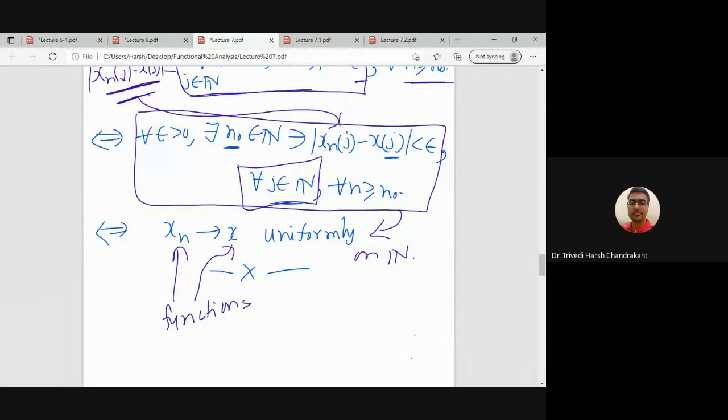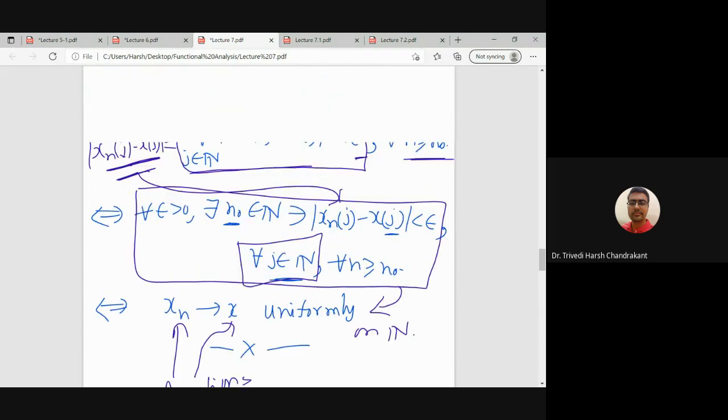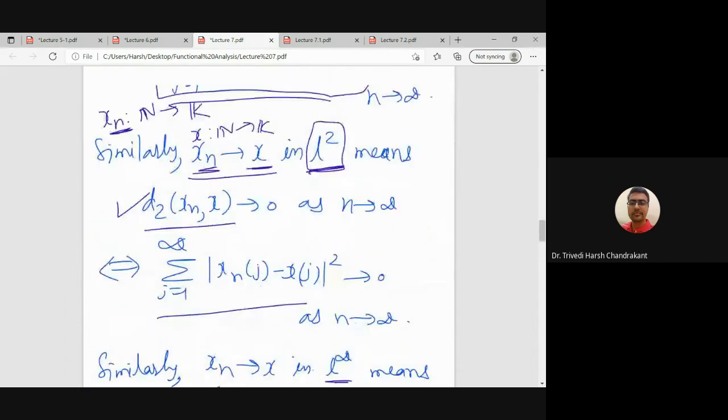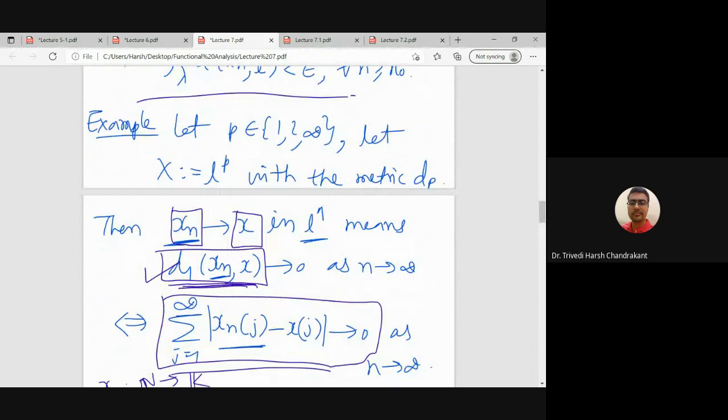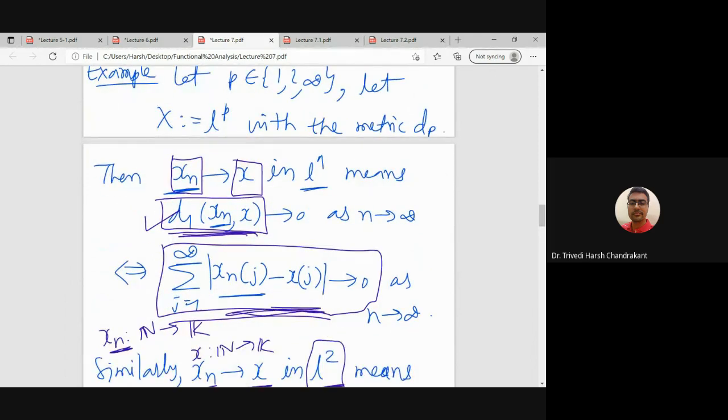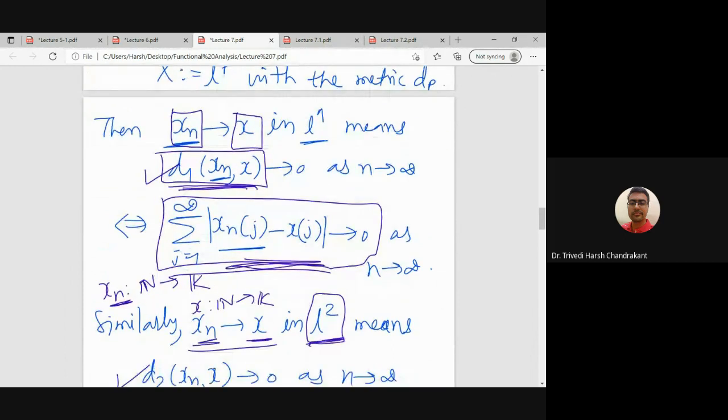Okay, so then let me start the new things today. In each of these three things, what are we getting? If we take x_n converges to x in L1, we get this criterion, and let me call this 1.